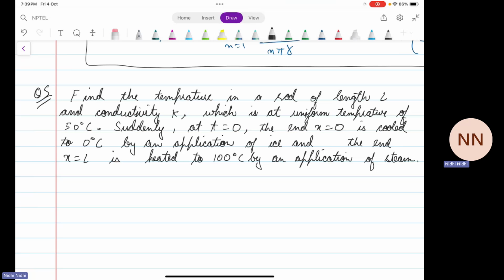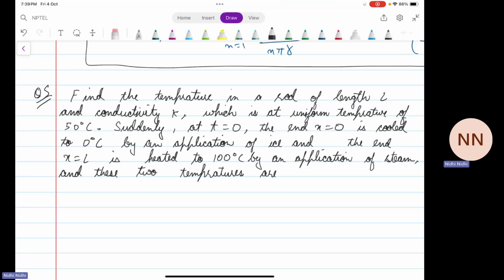And these two temperatures are maintained at the ends.